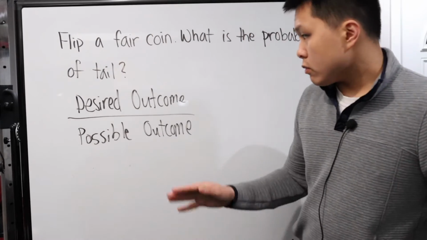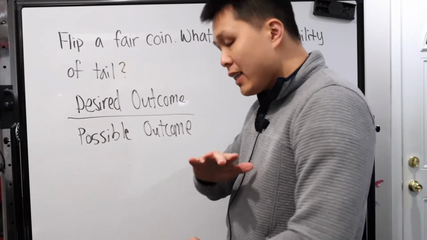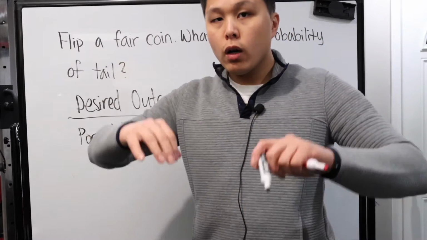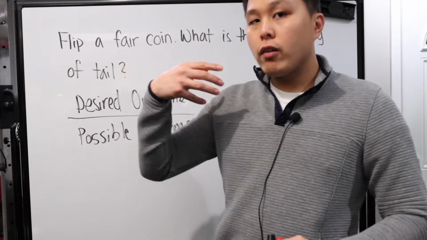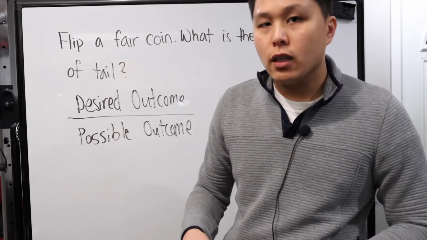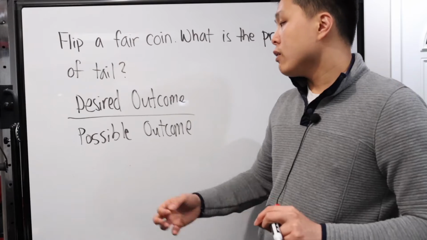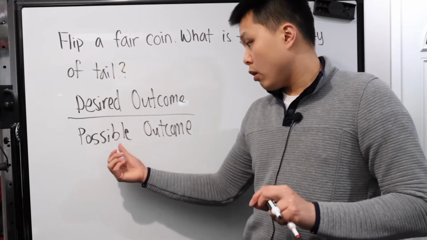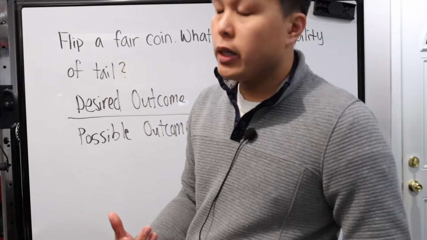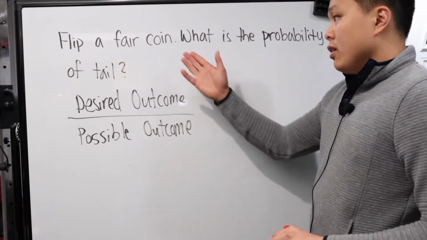Now, we have our desired outcome over all possible outcomes. That is it. That is the whole nutshell of probability. Of course, you have a lot of special cases, intricately designed problems where trying to find the number of desired outcomes or all the possible outcomes is what makes it complicated. The concept of probability itself is not. So this one is fairly simple.